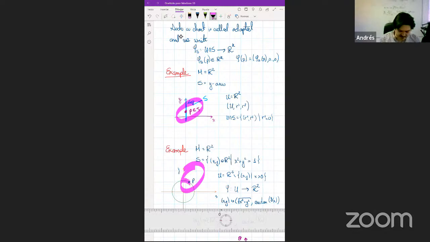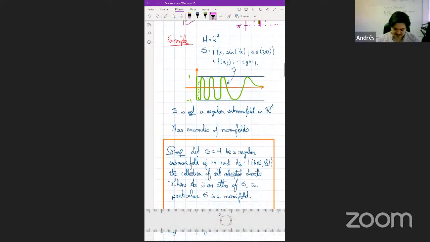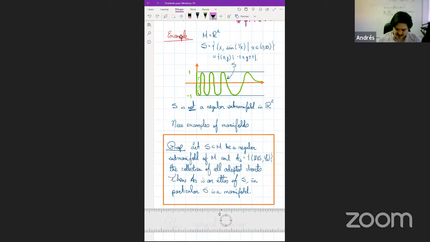So this part here, this intersection S intersected with U, is an open set in S. Okay, so I take my collection of adapted charts restricted to S. And the claim is that we have an atlas, and so S by itself is a manifold. So we must prove that S is a manifold, okay?